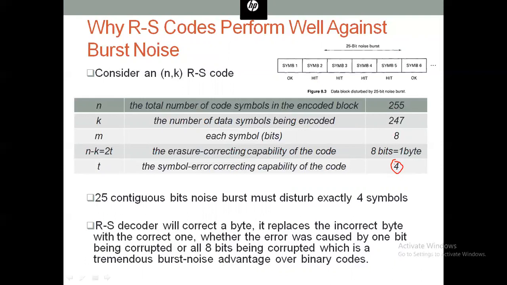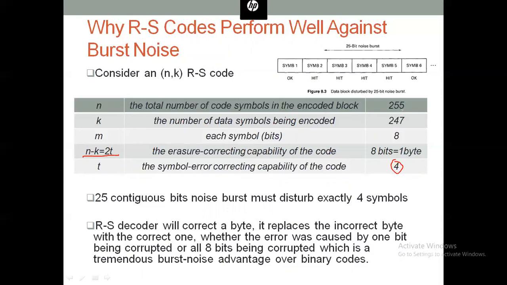A value of t of 4 means that it is able to correct 4 symbol errors, and n minus k is 2t, which is in fact 8 symbols less in k than in n.